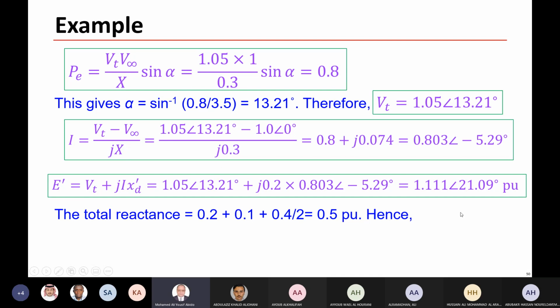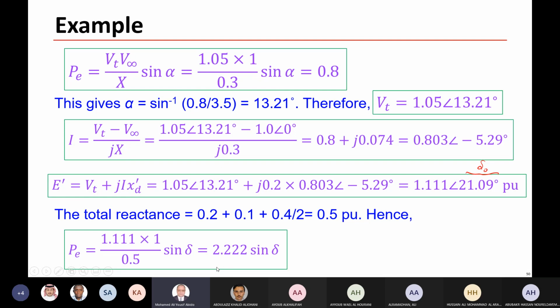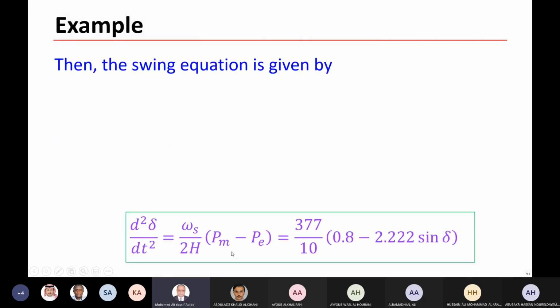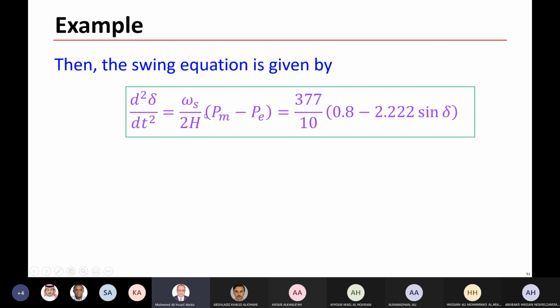So this is the delta 0 here. The total reactance, this is the pre-fault. Total reactance equal to 0.5. So this is the P_e, and this is the swing equation.